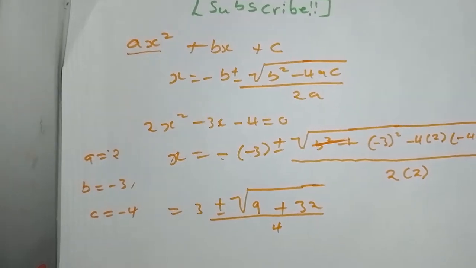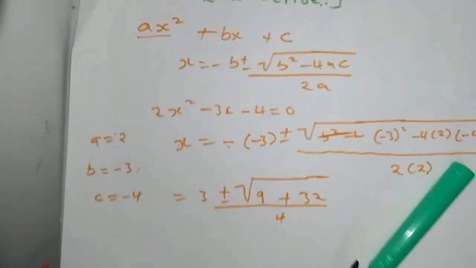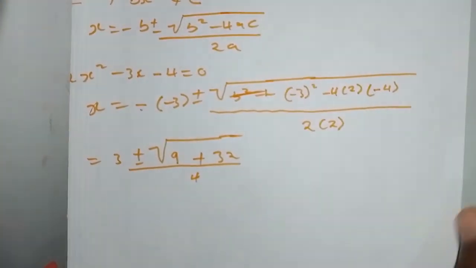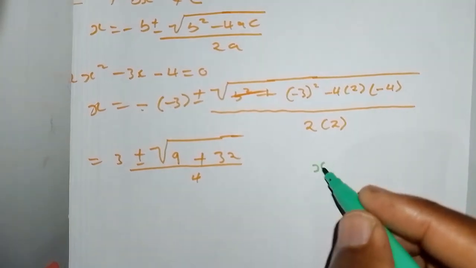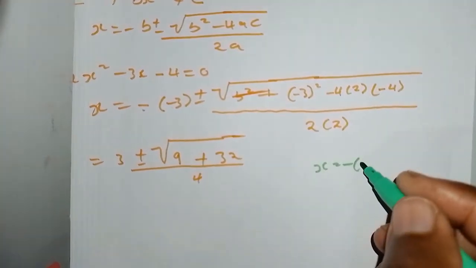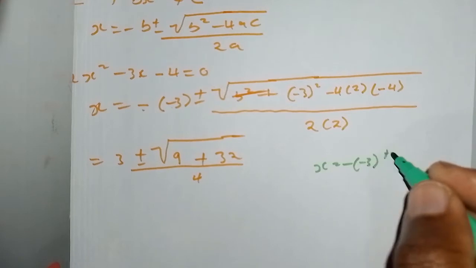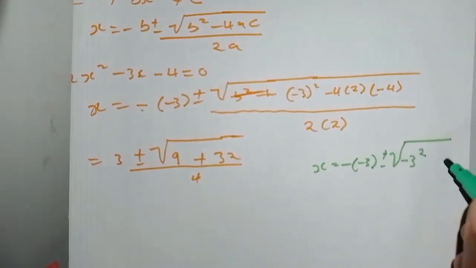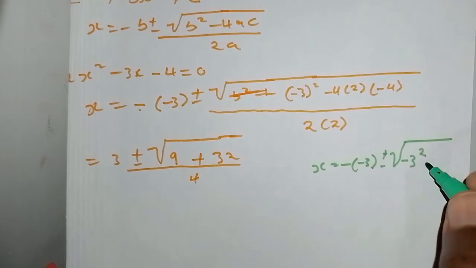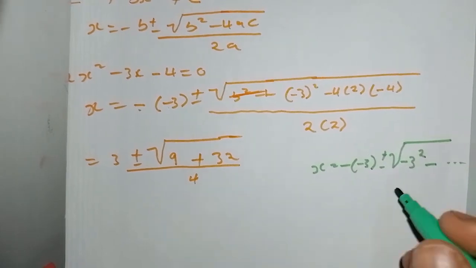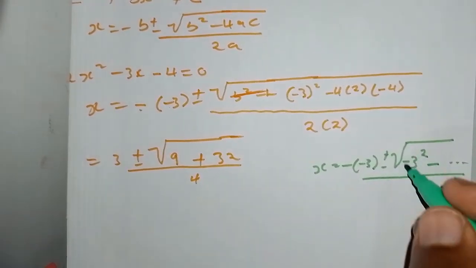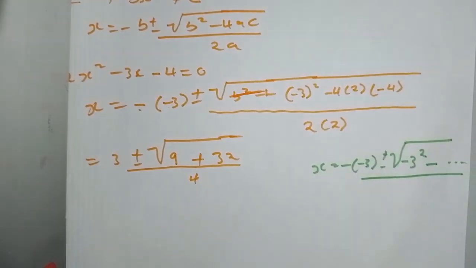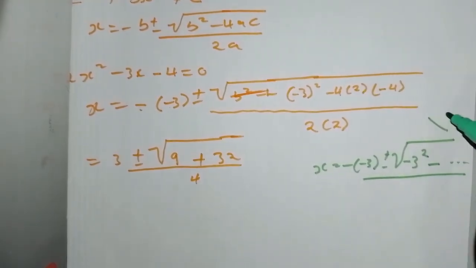One mistake that students do is, most students will just say x is equals to minus into minus 3 plus minus square root of minus 3 squared minus, then this will be negative. Once it's negative, this is wrong.